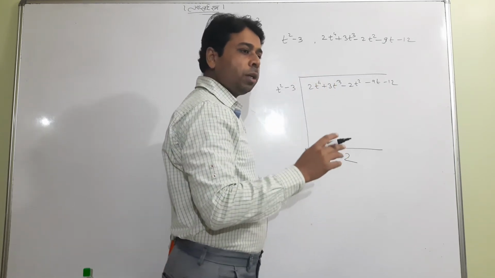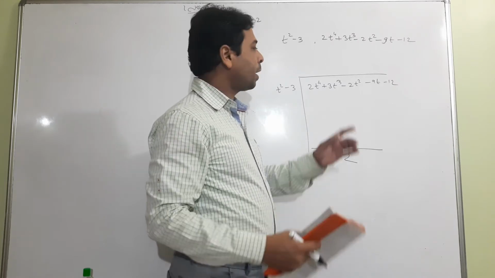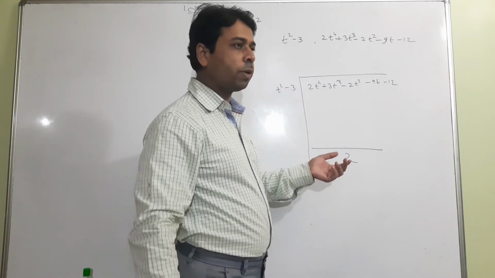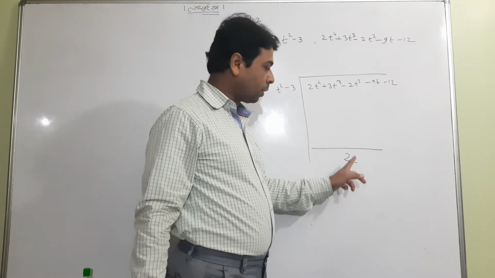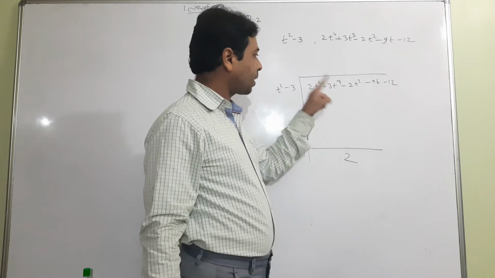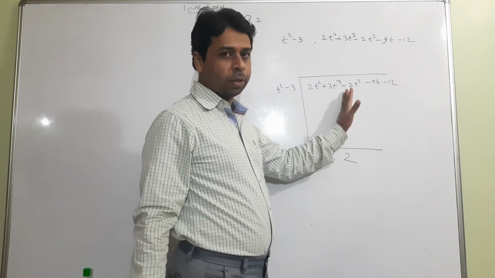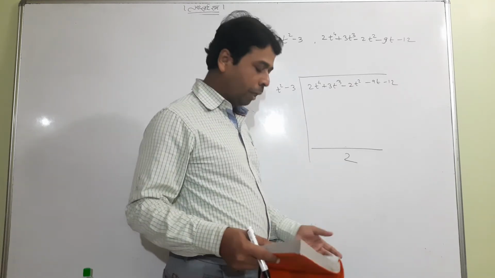I hope students you got my statement, that you divide by your method. I have taught you this, you have learned it very well. If the remainder is 0, this is a factor of this one. If the remainder is not 0, this is not a factor of this one. So just divide in all 3 questions of question number 2 and check from your side.